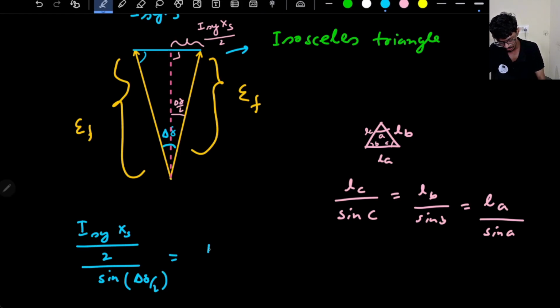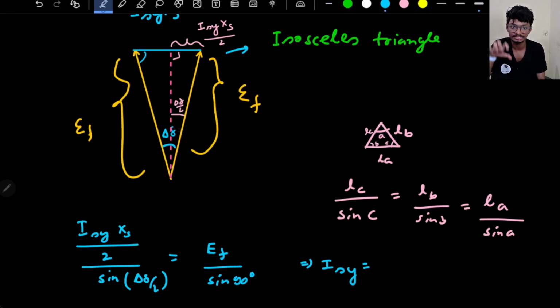It is 1. So from here I can get the value of ISY. This is a very important relation that can be asked in examinations. So even if you forget, just remember how you are able to derive it.